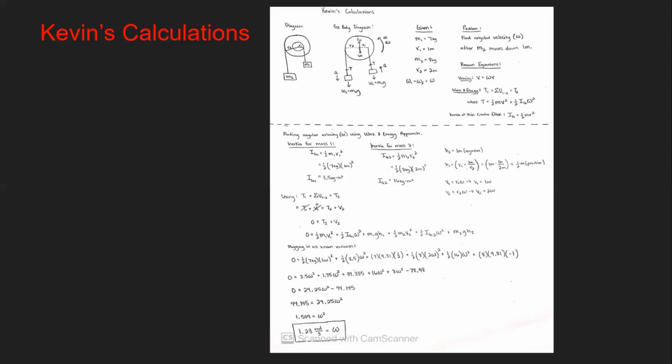And then we also used the velocity equations, and we saw that v1 is 1 times the angular velocity and v2 is 2 times the angular velocity. Using those were basically all the unknown variables for this problem, the inertia and the velocities. We wanted to convert to angular velocities.